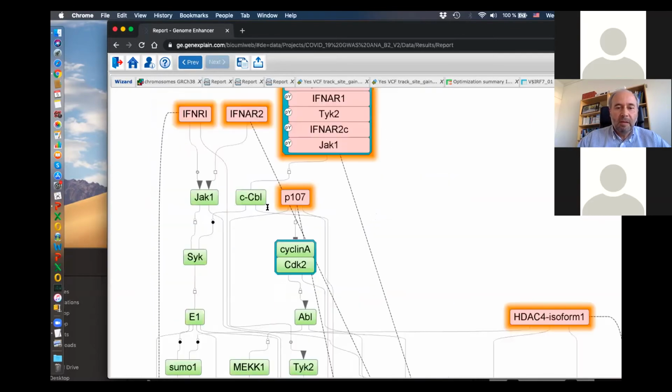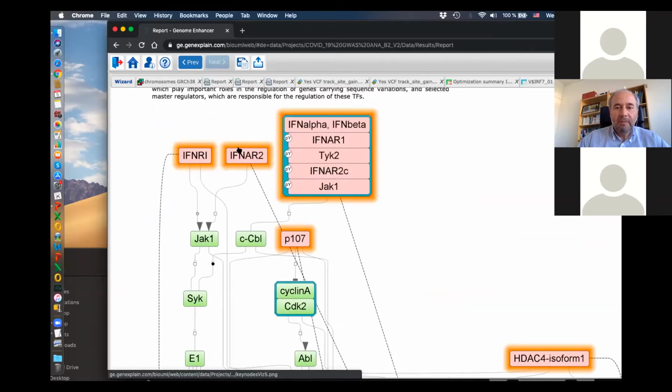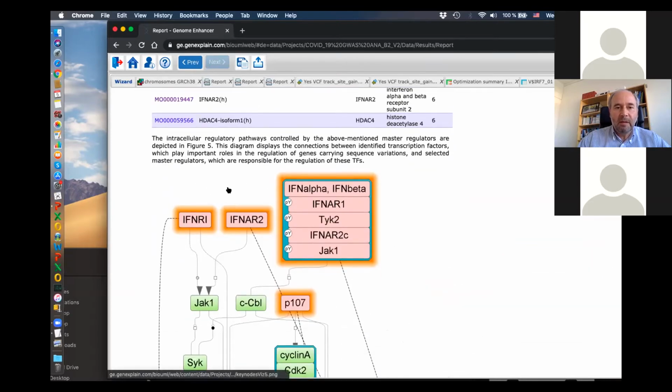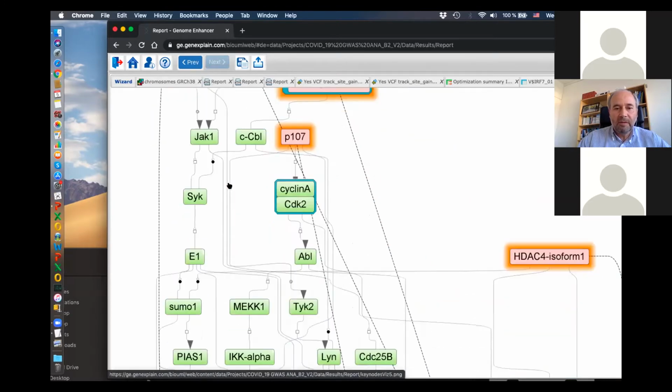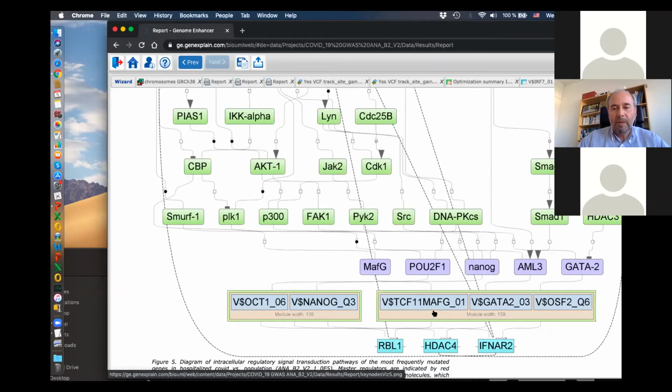At the end, the system builds such a diagram, and I will show it from bottom to top. It finds these three top genes, interferon receptor, HDAC4, and RBL1, which carry in the upstream regions or in introns sites for these transcription factors in clusters.